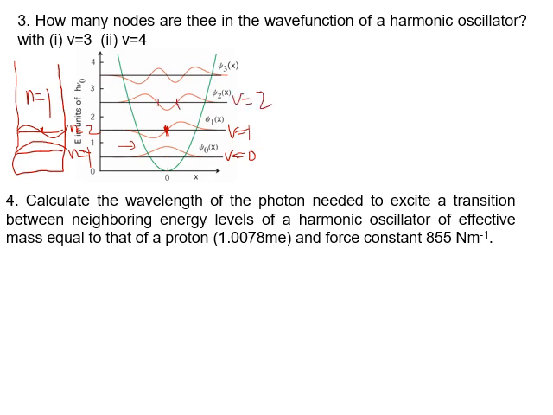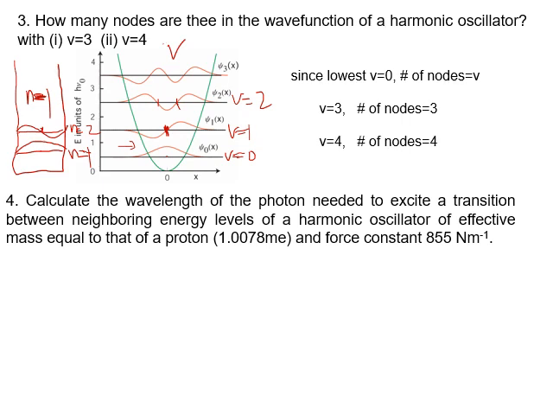And therefore, in this case, the number of nodes equals v. Compared to the 1D box model, which is n minus 1, here it is v, just v itself. And therefore, when v equals 3, the number of nodes is 3. When v equals 4, the number of nodes is 4.